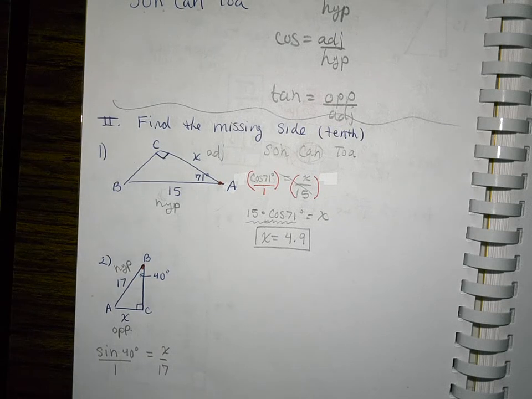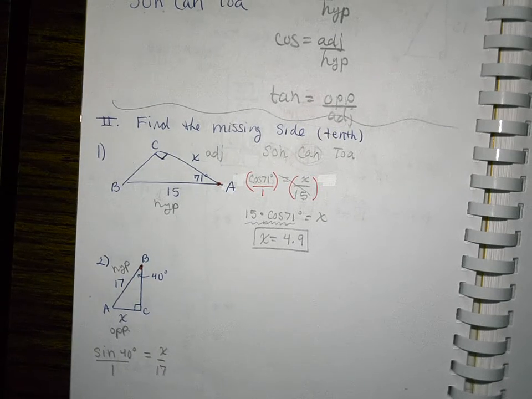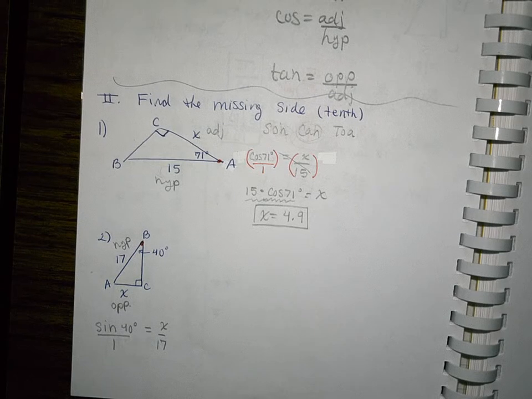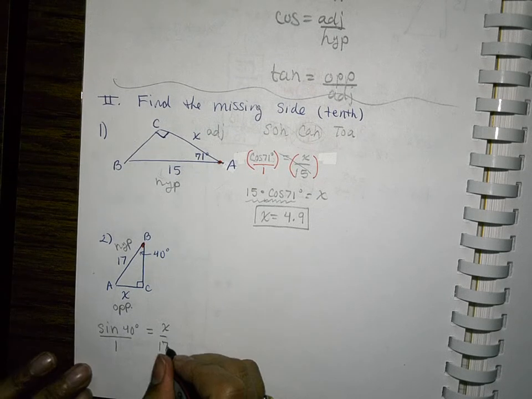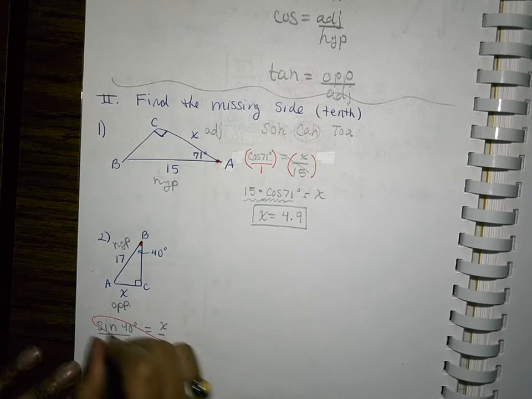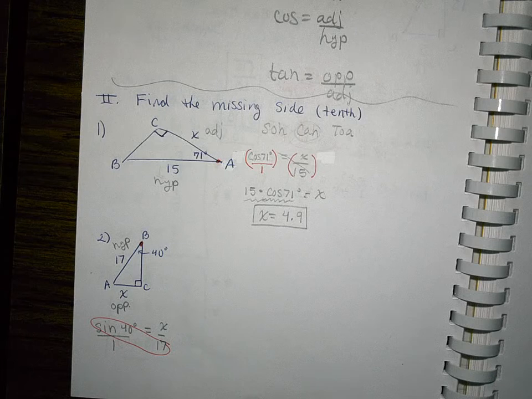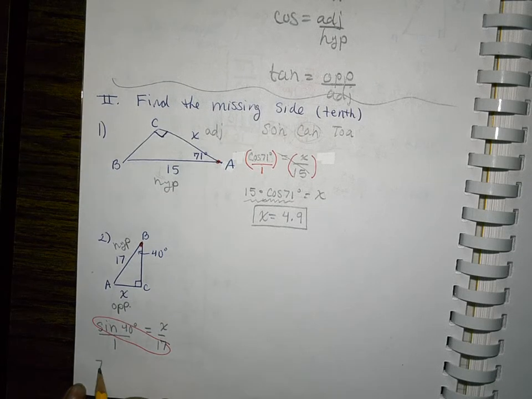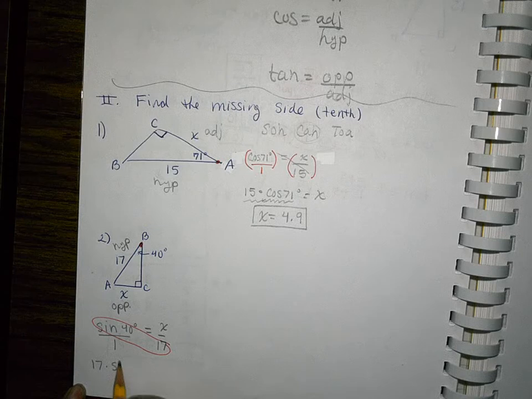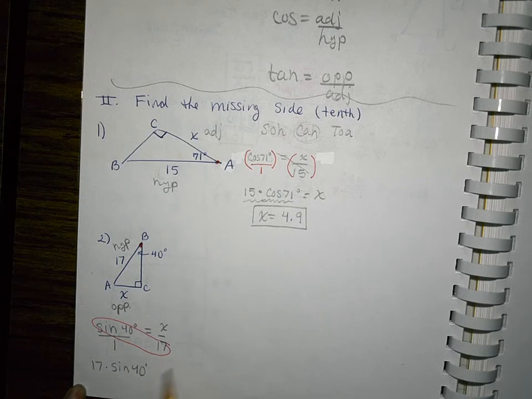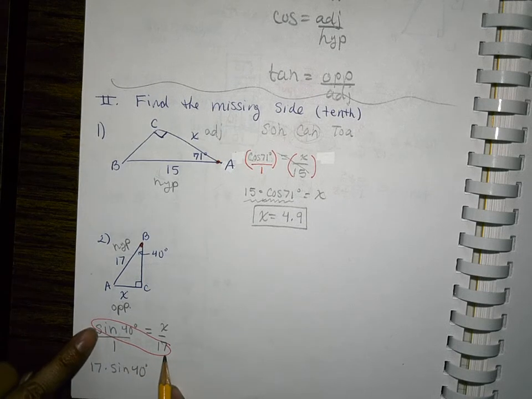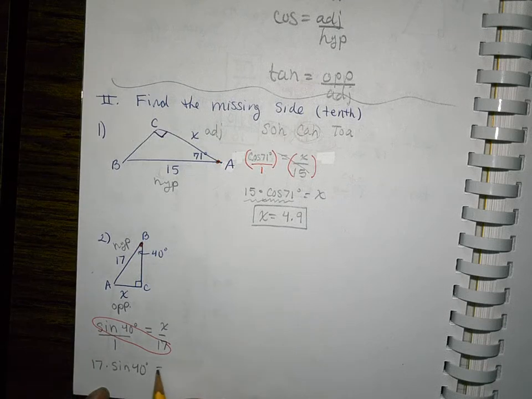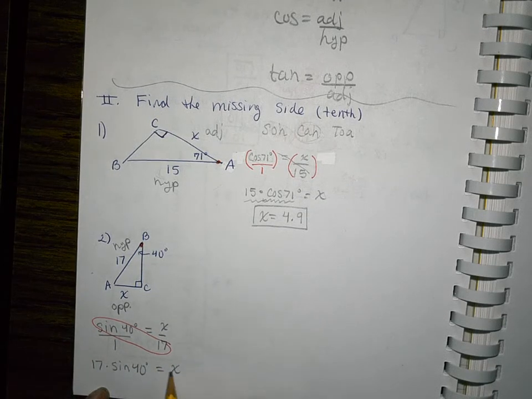And we're going to do what we said earlier and cross multiply. Okay, so there you end up with not 17 times 40, but 17 times sine of 40 equals 1 times x, which is just x.